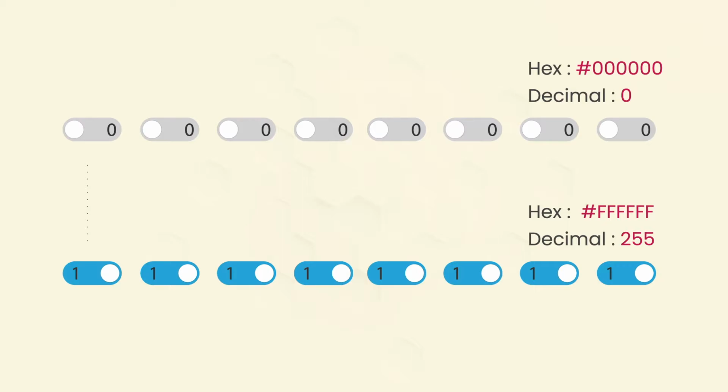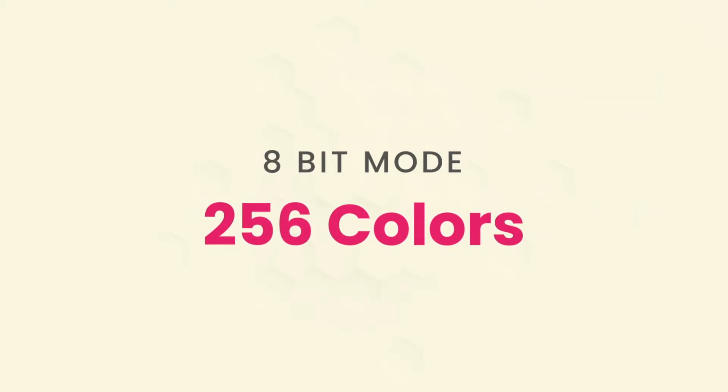Now let us set the bar a little higher and talk about an 8-bit image. If 1 bit can hold 2 different color values, imagine what 8-bit can hold. An 8-bit binary number can hold values between 0 and 255. Therefore, an 8-bit color model can represent 256 different colors.